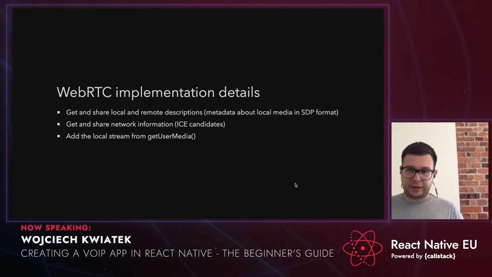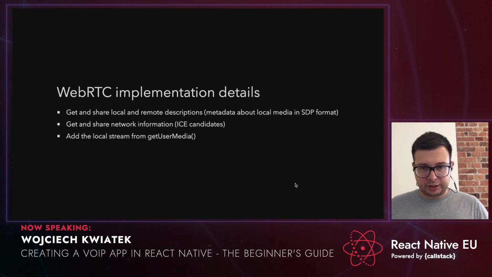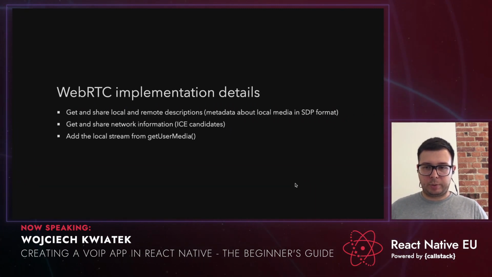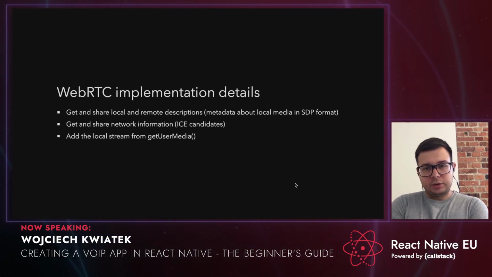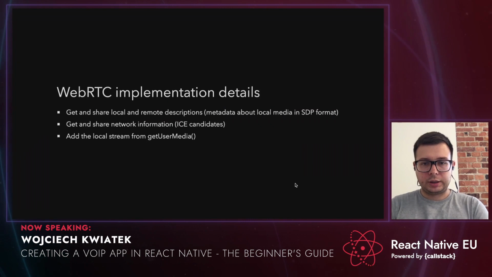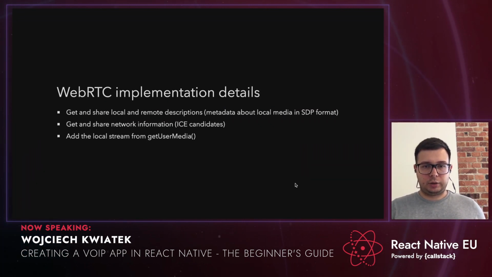This format, we don't have to care about that much because that's part of WebRTC. But what we need to know is that we need to send our metadata about our local stream on one device to another device. So for example, what's the resolution? What codecs do they support? We need to push that information to the other party.